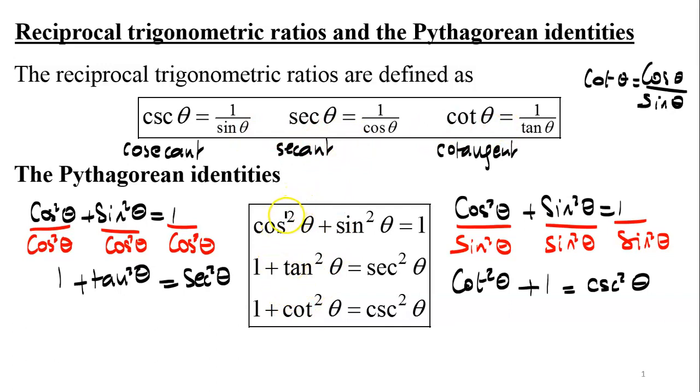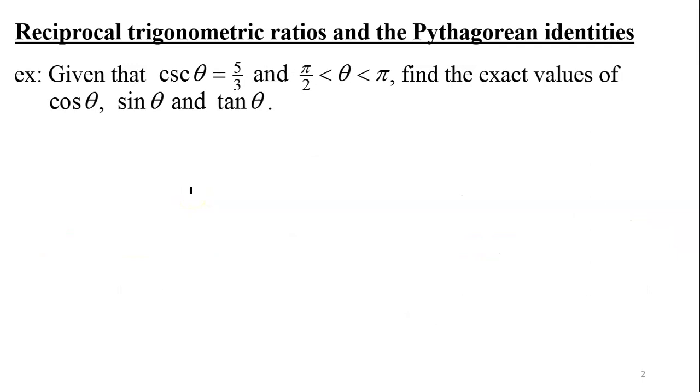Now let's solve a couple of examples on reciprocal trigonometric ratios, where we might have the chance to use the Pythagorean identities as well. So over here we have cosecant theta equal to 5 over 3, where theta is between pi over 2 and pi. Theta between pi over 2 and pi on the unit circle, that's in fact the second quadrant.